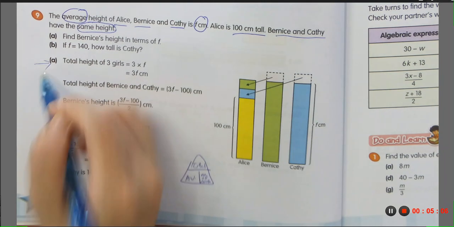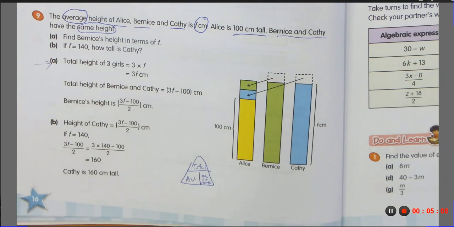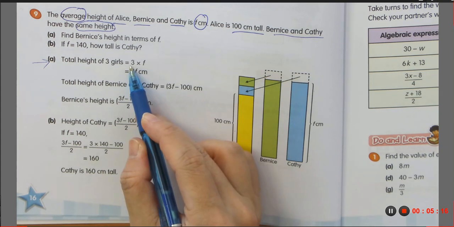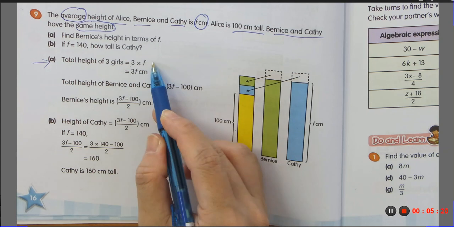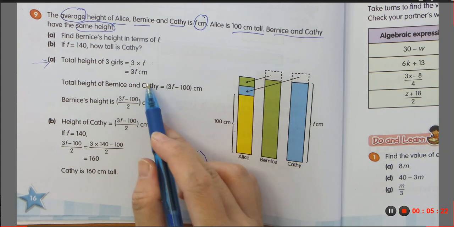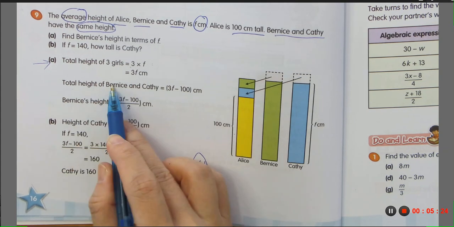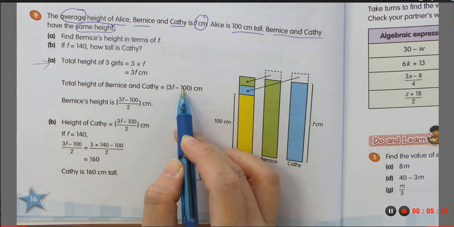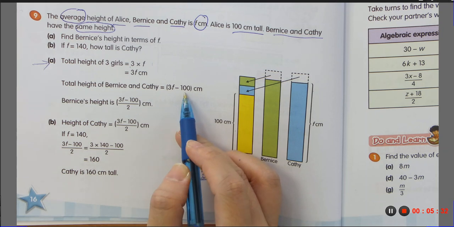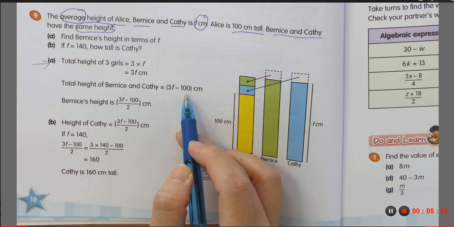Now, let's look at the steps written here. Do the steps make sense to you? Total of the 3 rows is 3 times n. Does it make sense? What is 3? Number of data. What is n? The average. The next step, total height of Bernice and Kathy is 3n minus 100.